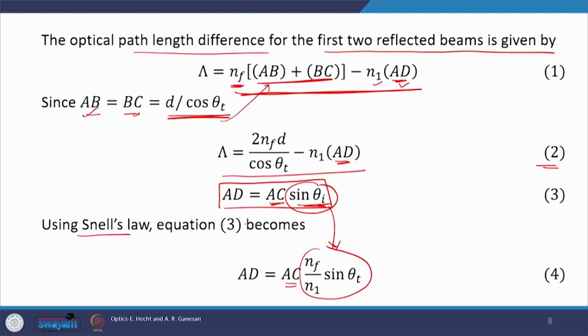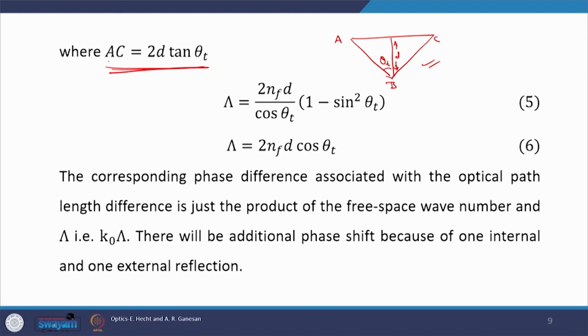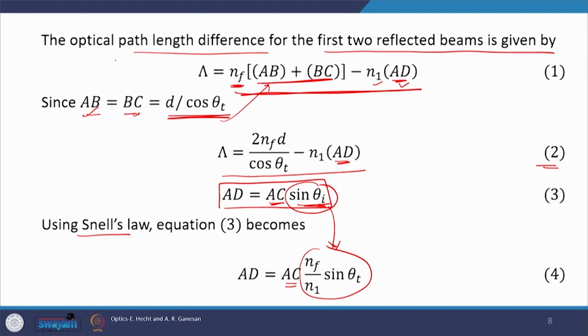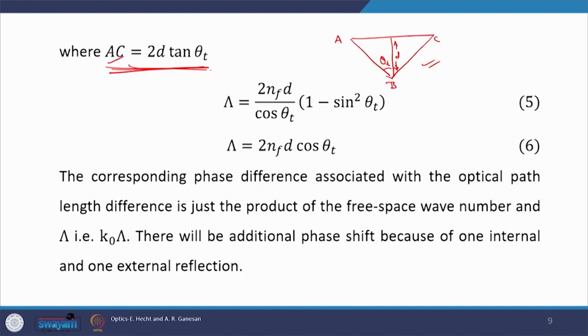Now, there is no unknown quantity. We can substitute the expression of AC into equation number 2. AD is replaced with this expression, and AC with the expression 2d tan theta t. This ultimately gives us the expression for optical path length difference, which is represented here by capital lambda.